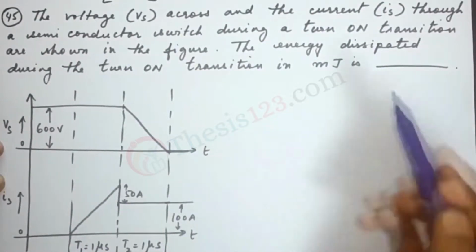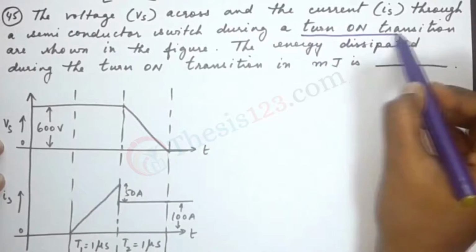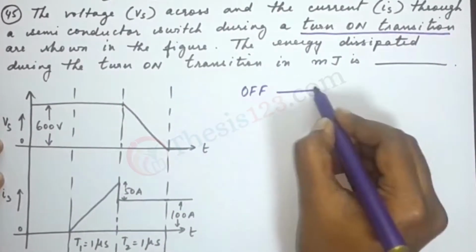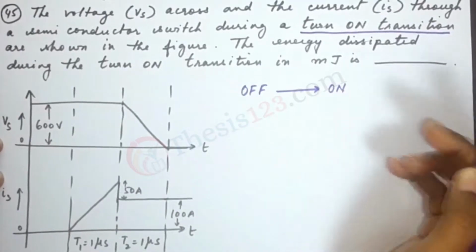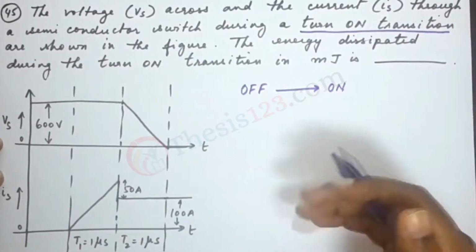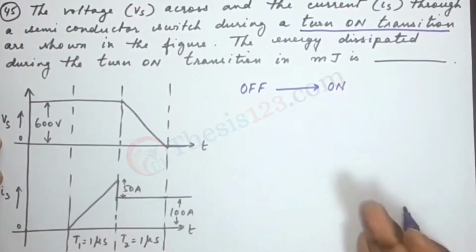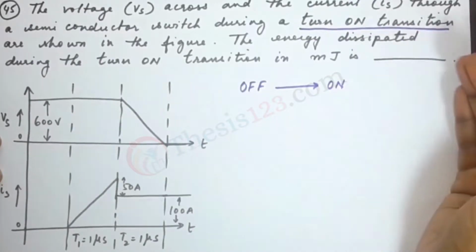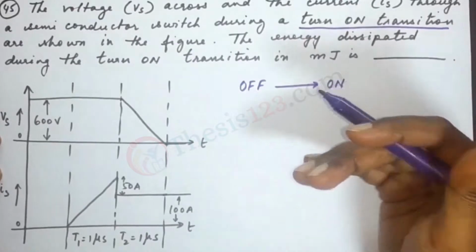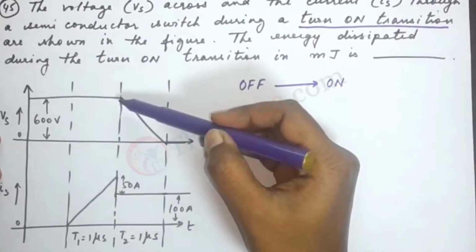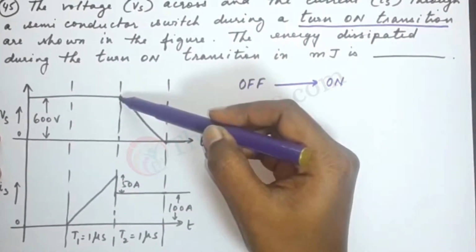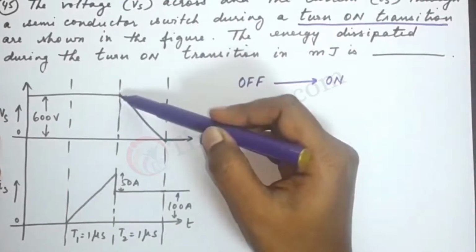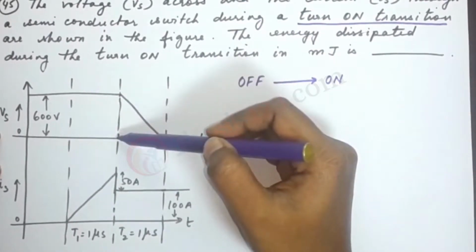So here's something that you would have to know. For a turn-on transition, the switch is initially off and then turned on. Because the voltage and current go through a gradual change, it is called a transition. For an ideal switch, there is an instantaneous change. As soon as the switch is turned on, the voltage immediately drops down to zero.